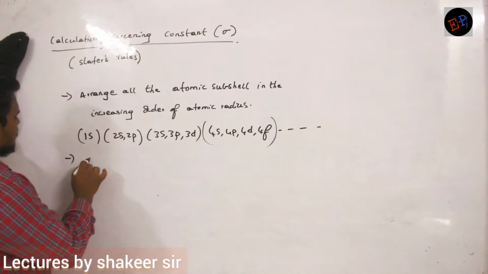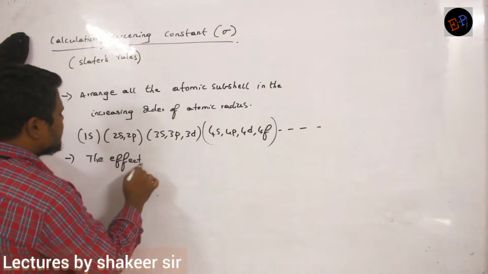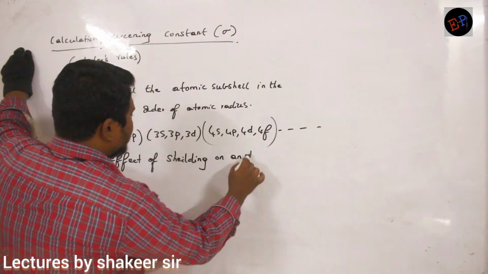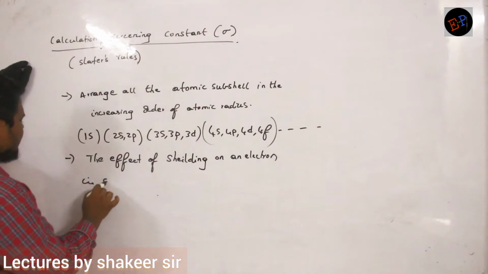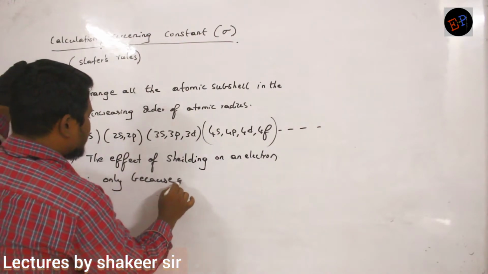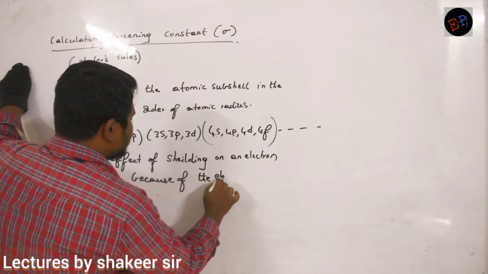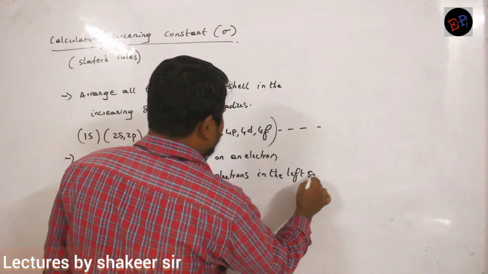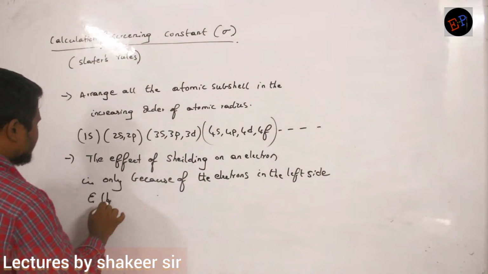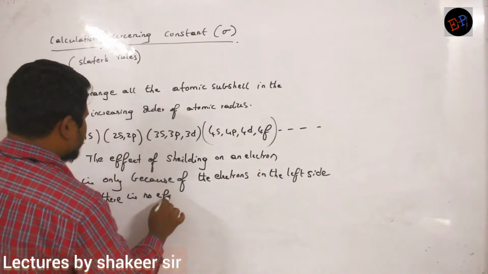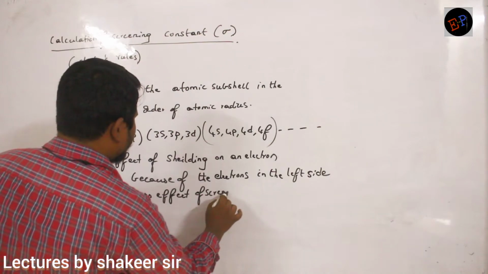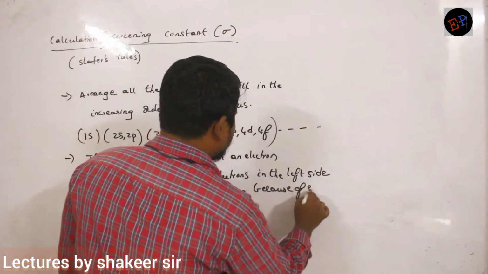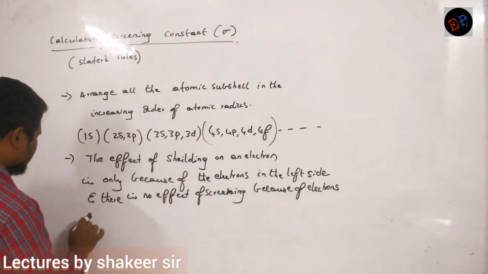Next, the effect of shielding on an electron is only because of the electrons on the left side, and there is no effect of screening because of electrons on the right side.